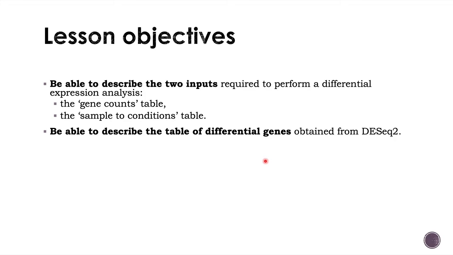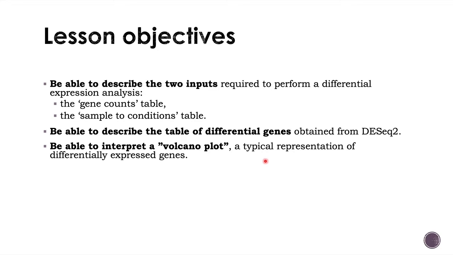You will then learn how to describe the table of differential genes obtained from DESeq2, in particular, what each column refers to, and how to filter results to only get the meaningful differentially expressed genes. You will also see how to interpret a classical figure from an RNA-seq differential analysis.